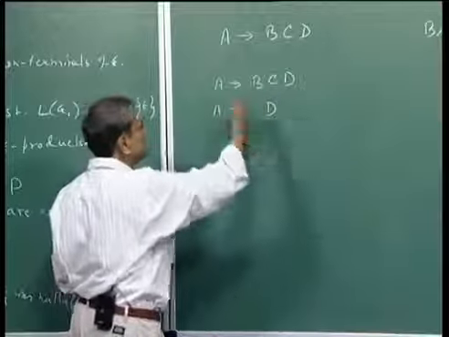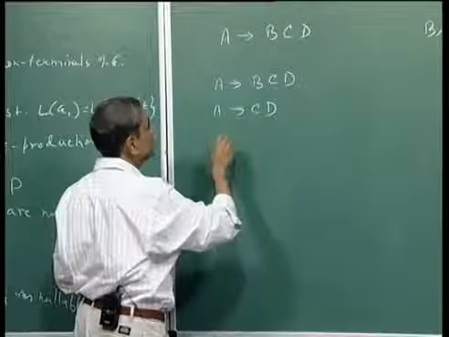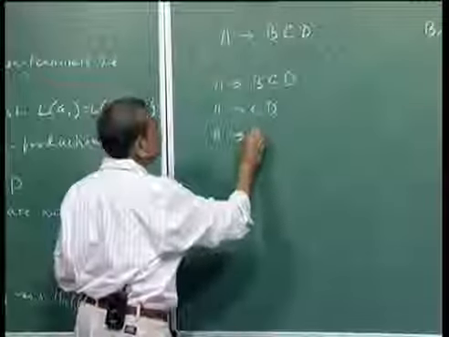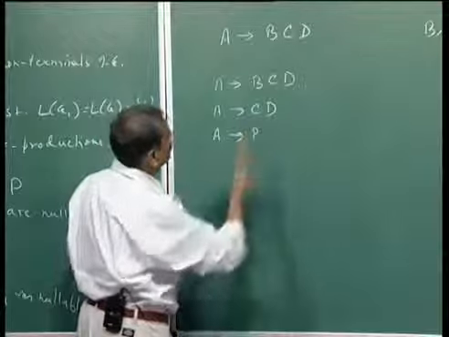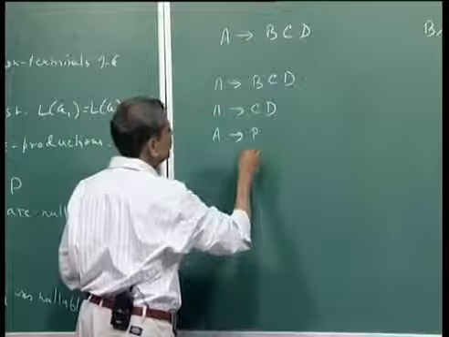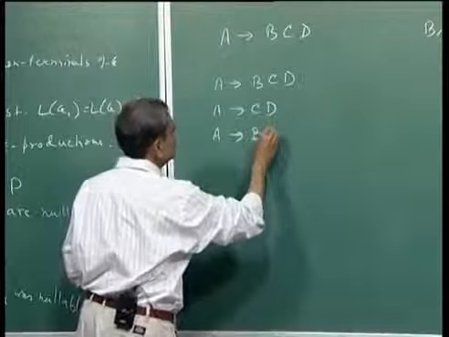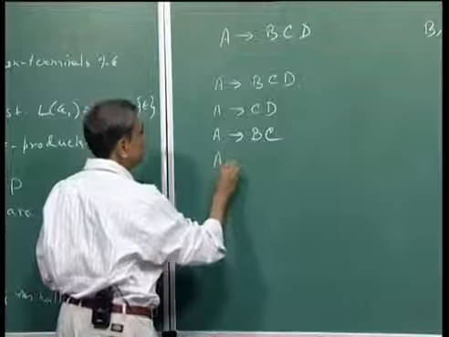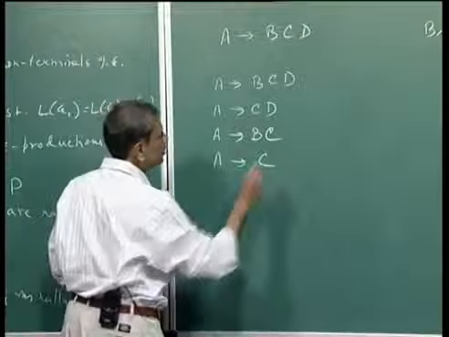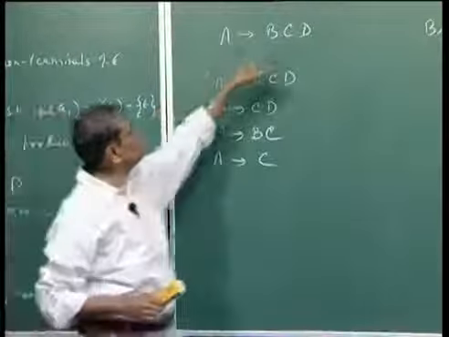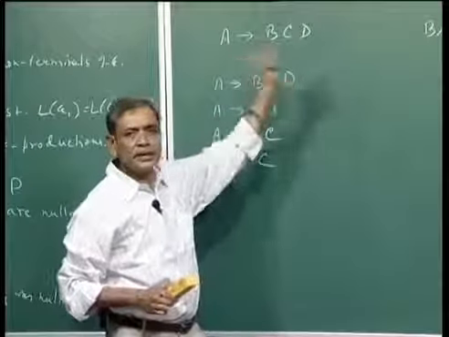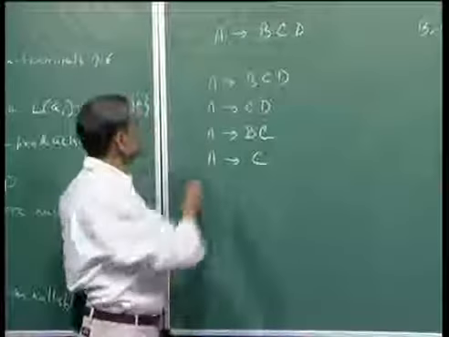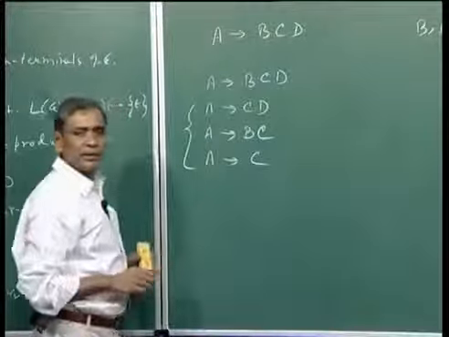The kinds of new things that I am getting from here: I can get C D, and since B was replaced by epsilon, I can also get B C, and I can also get A goes to C, because at that time I replaced both B and D together by epsilon. These are the new productions that we are adding in this case.